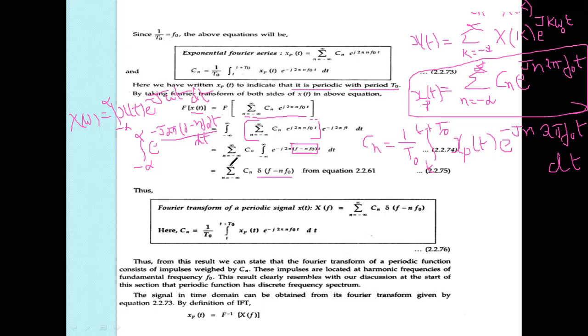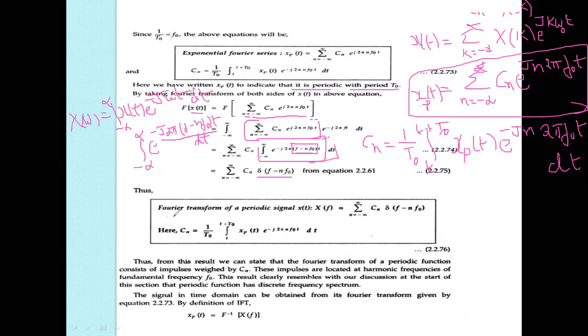So the sum of n from minus infinity to infinity of Cn times the integral, including the dt also, gives delta of f minus n f naught. Understood, my dear students?